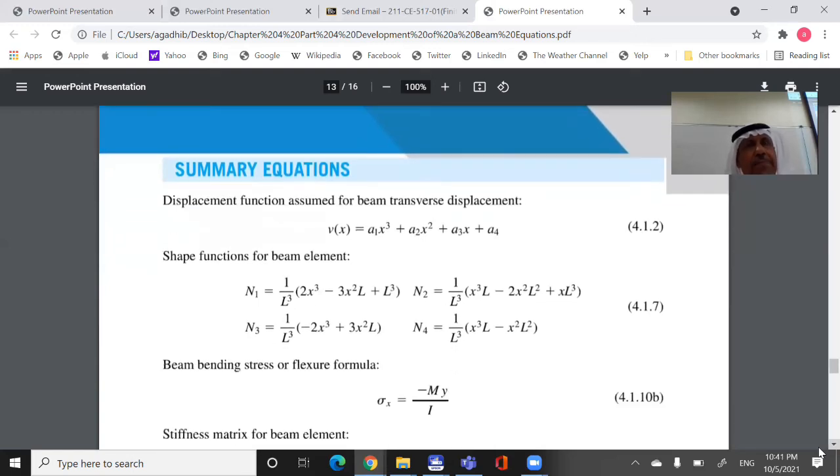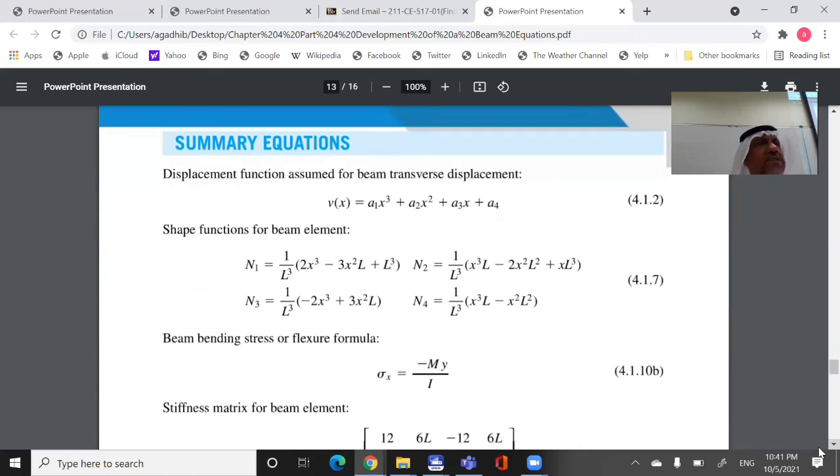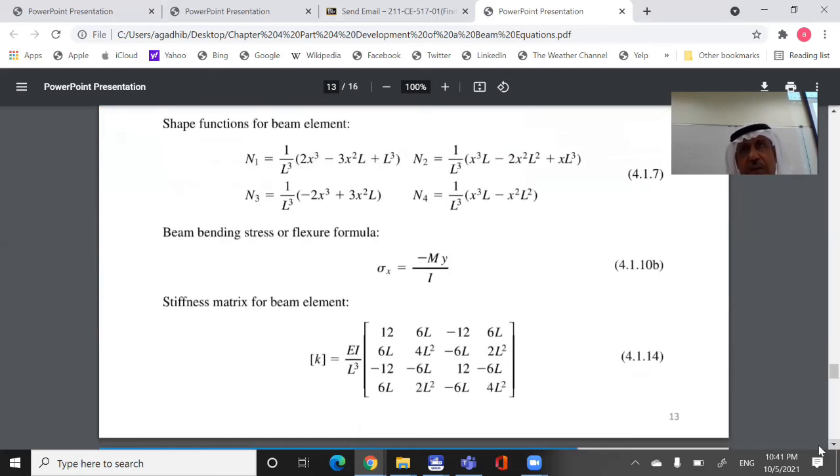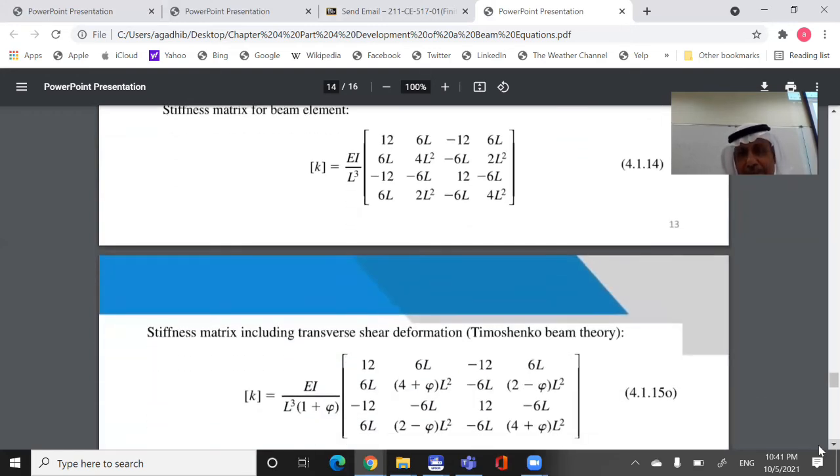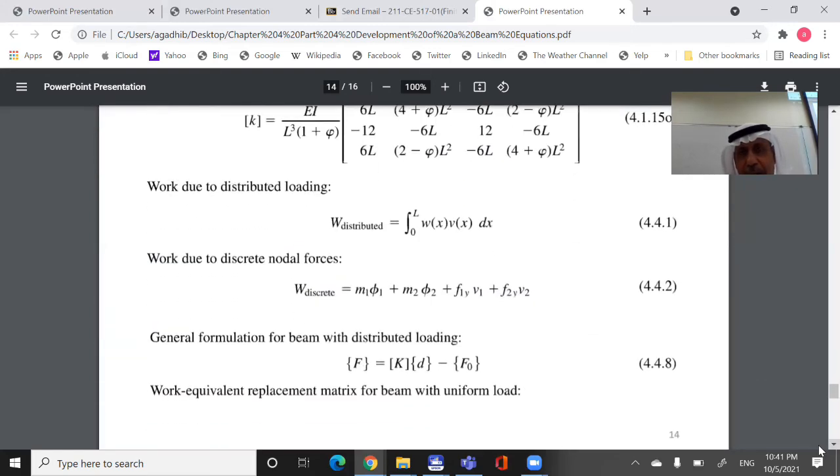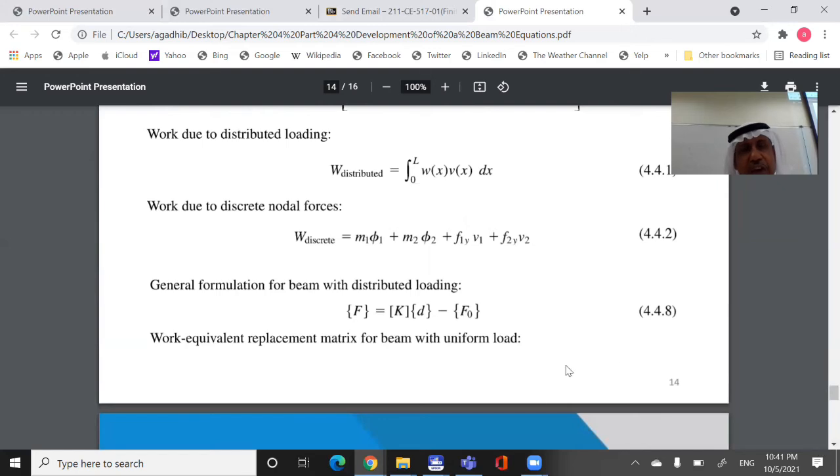No problem, up to chapter 5. What is chapter 5? It is a frame. Frame is very easy. Maybe we'll start with, we said October or November. October, we said. We postponed one week. It will be the 16th.